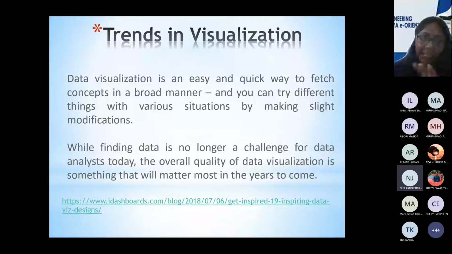So getting data is no more a challenge. Back in the early industrial era, we were all busy collecting data. We were coming up with sensors, coming up with apps, trying to get information. But now information is everywhere. You just have to get your data, ensure it is quality data, and then give a quality data visualization.